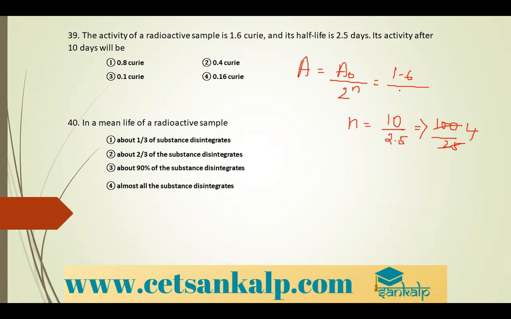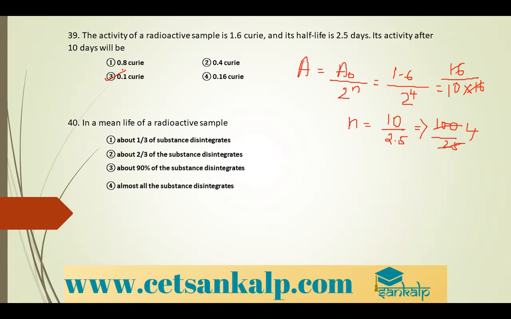So 1.6 divided by 2 to the power 4, that is 16 divided by 10 into 16. So it is 1 divided by 10, which is 0.1 curie. Option 3.